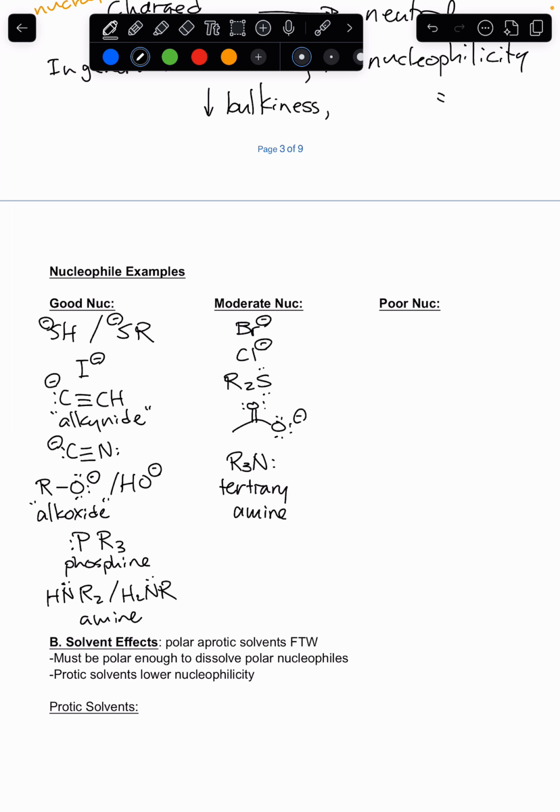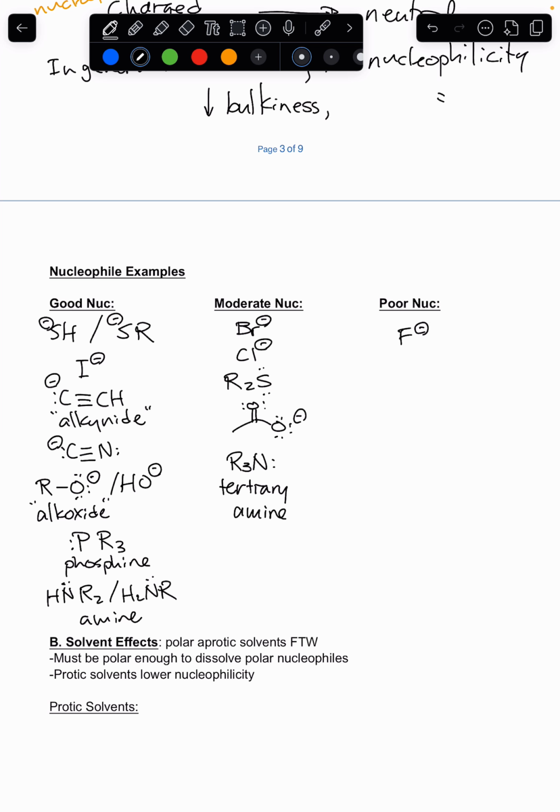If the R group is small, it's actually a pretty excellent nucleophile, but if it's big, it's not going to be as nucleophilic. So this is kind of a double-edged sword. It increases the nucleophilicity because it donates electrons to nitrogen, but then the bulkiness decreases the nucleophilicity. Now, some examples of poor nucleophiles.